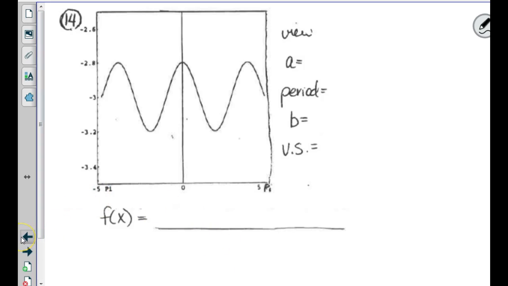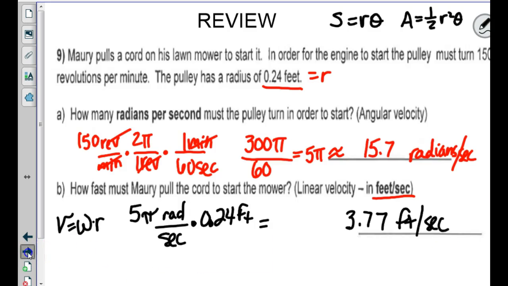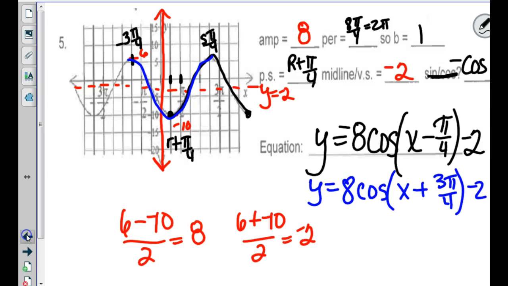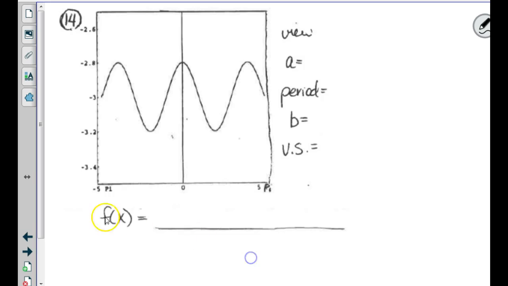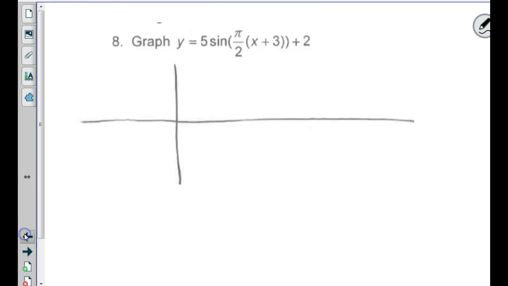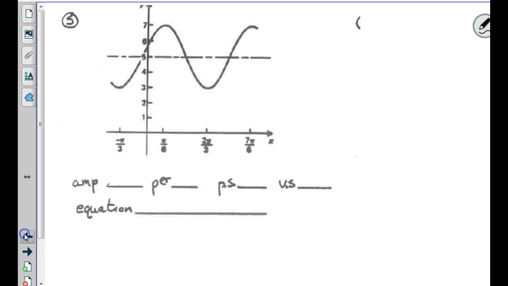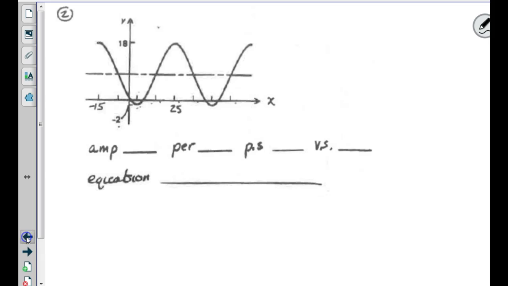How far did we get on Friday? All right, then I'm going to move on to modeling if no one has a question on 14. Are you sure? No one has one question on 14? I don't think one was assigned, was it?